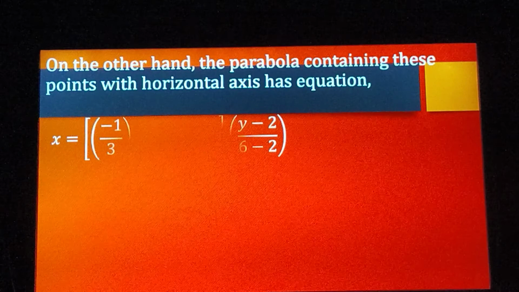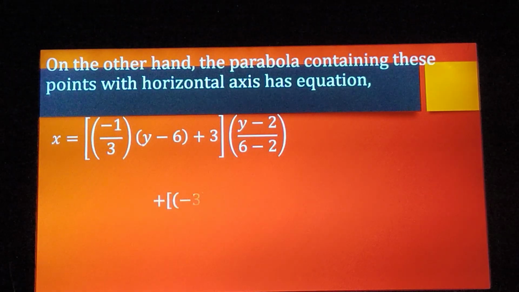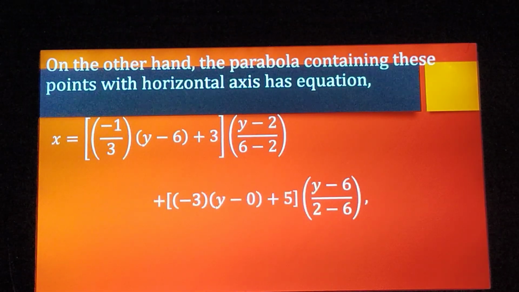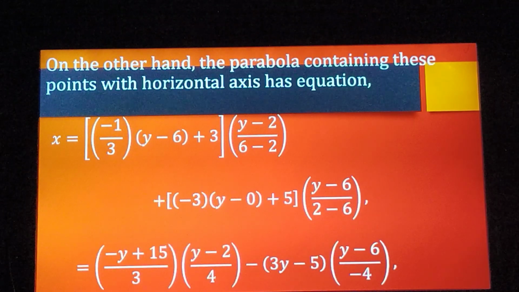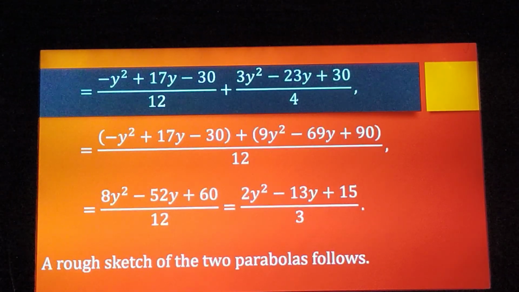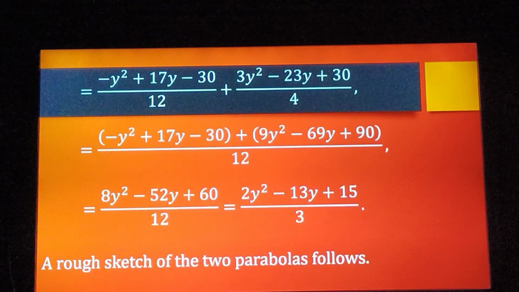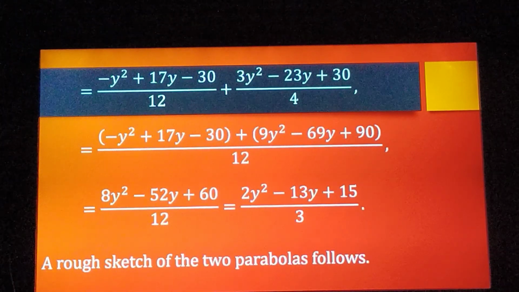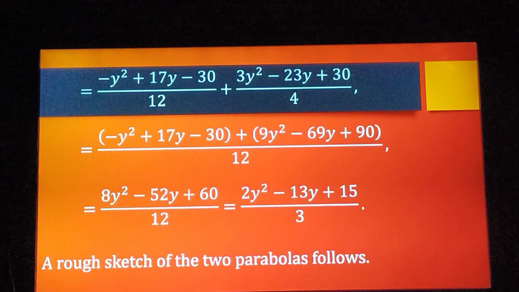On the other hand, the parabola containing these points with horizontal axis has equation, plugging in the values, this expression which simplifies to this expression. And finally, we have (2y² - 13y + 15)/3.